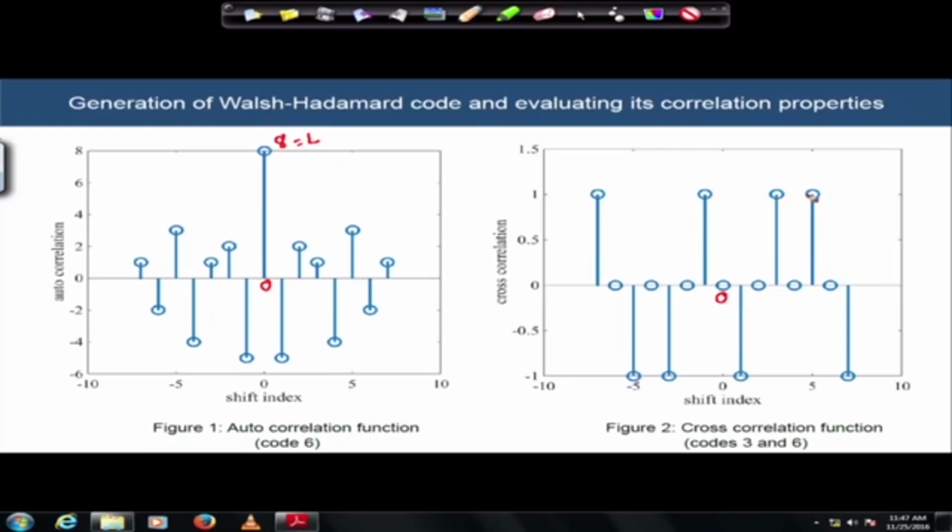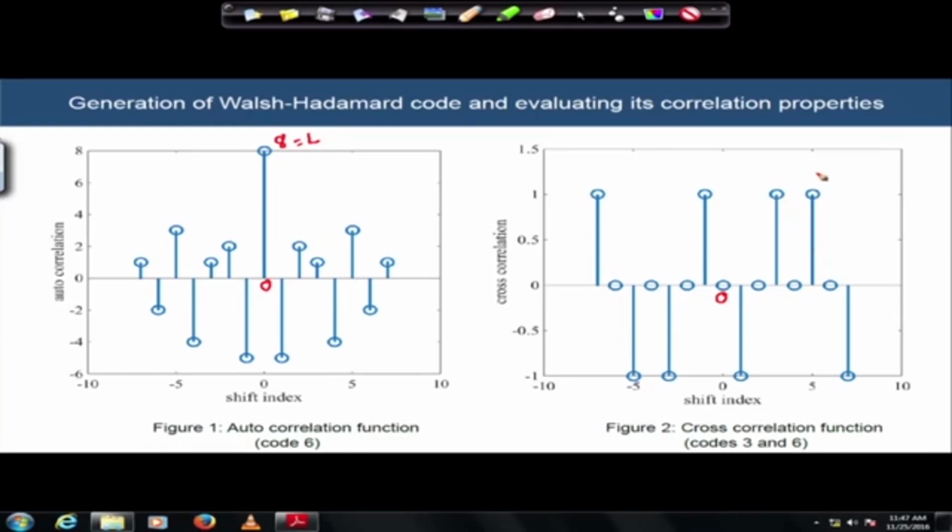The codes assigned to these users should be orthogonal, and moreover should have very good cross correlation properties. When I say very good cross correlation properties, it means it should have a 0 value at lag 0, and it should have low values around this 0, that is for positive shifts and negative shifts.